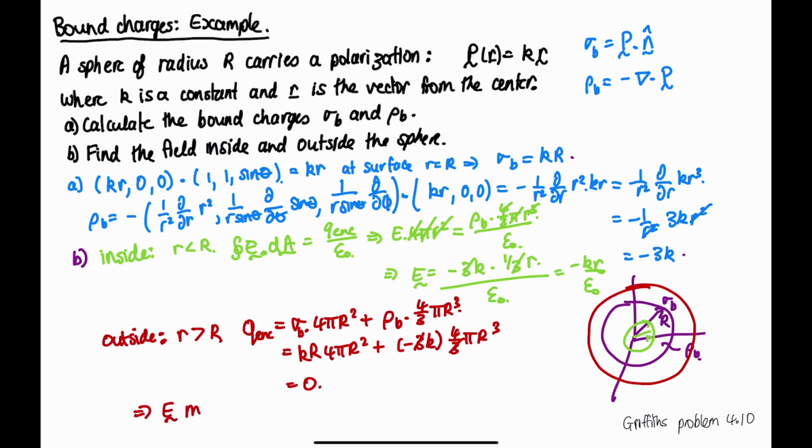So E must be 0. So you can see how using these equations has made it possible to fairly easily deal with questions about polarization using things such as Gauss's law that we're already very familiar with.